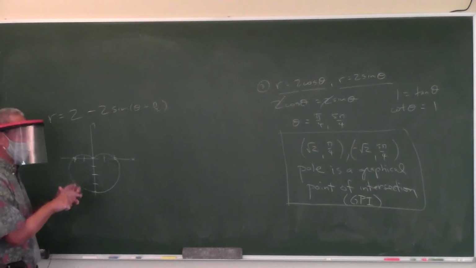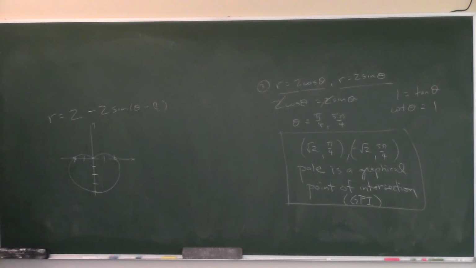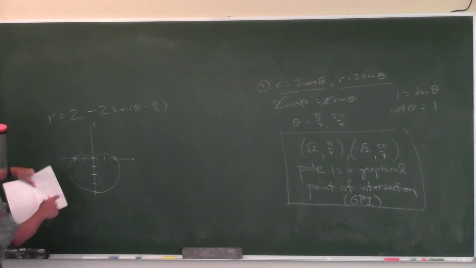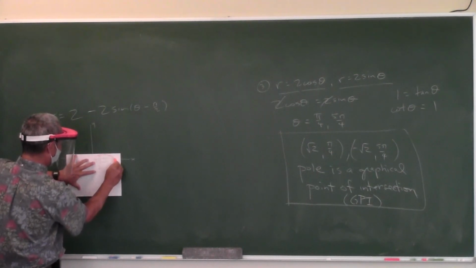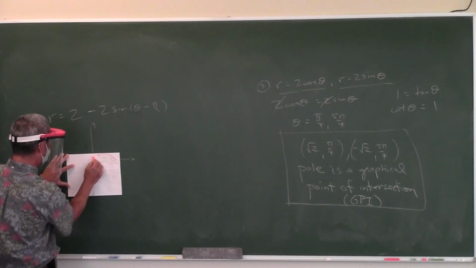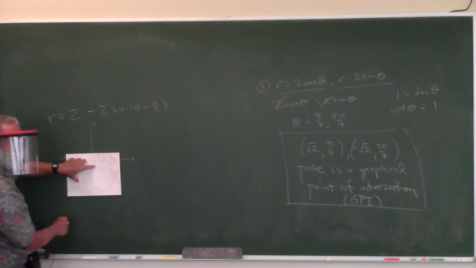Okay, so do you guys understand about rotating it about the origin? Because some people, they don't get it. I need a piece of paper to show you that. Okay, so we got the cardioid on this. Here, let me draw it. Something like that?